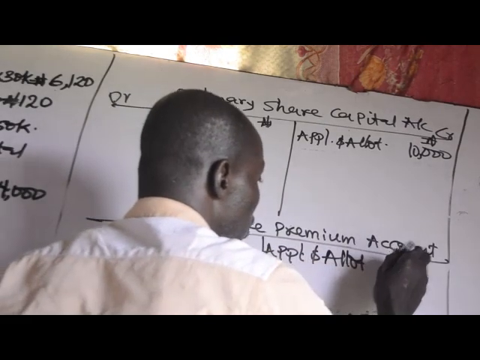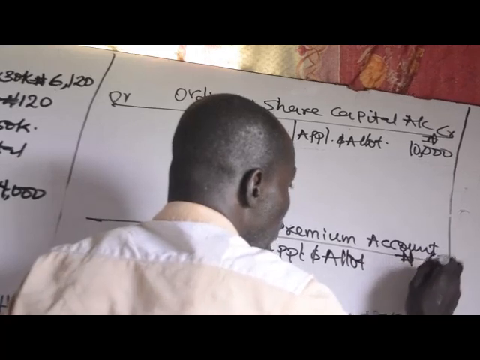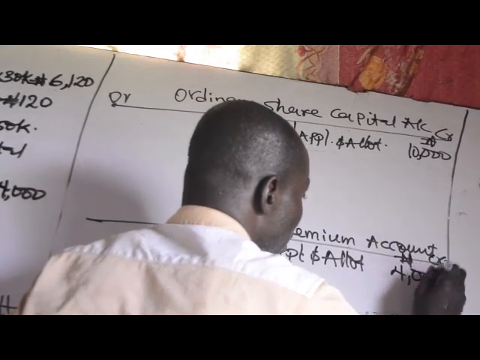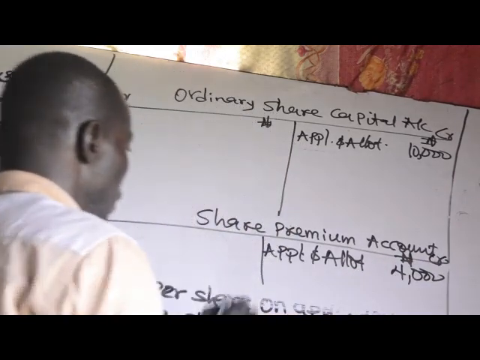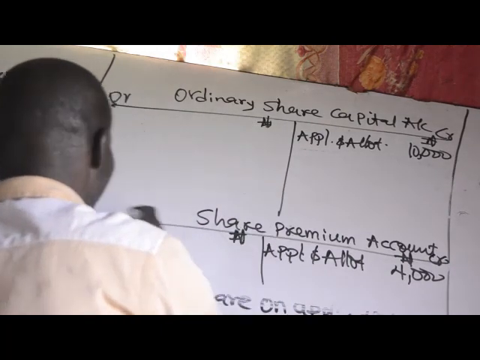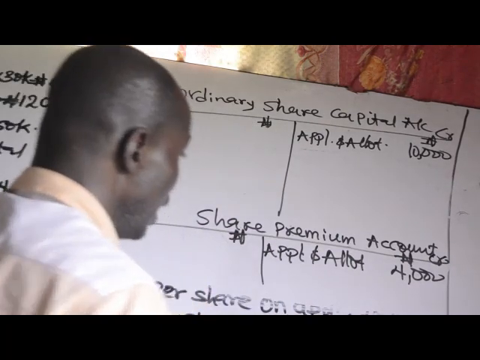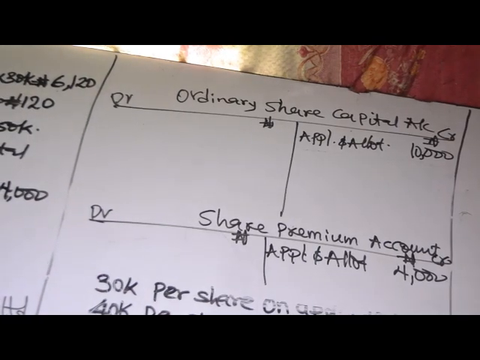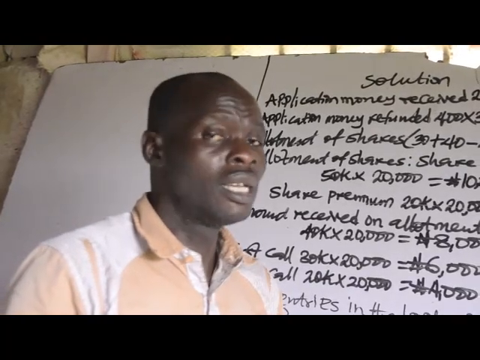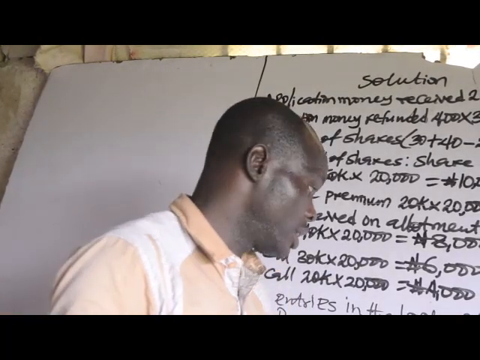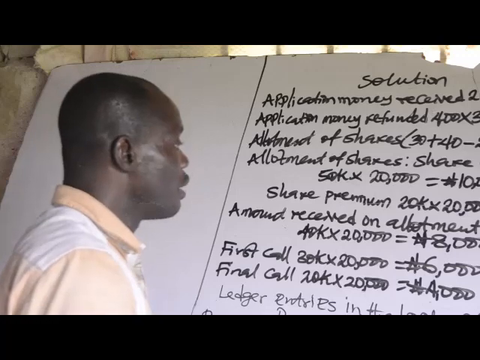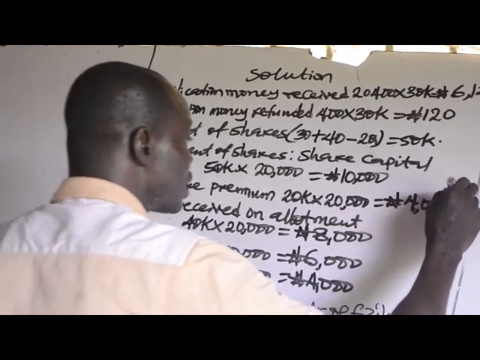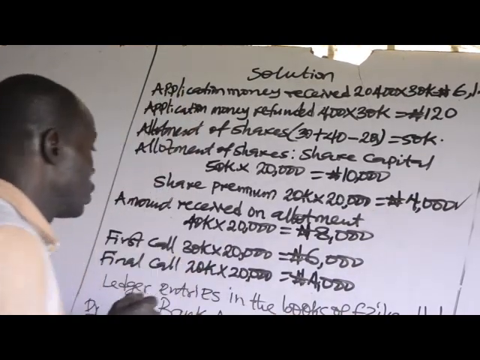The amount transferred to share premium is 4,000 naira. Remember, everything must be done in line with the principles of double entry. For every debit entry, there must be a corresponding credit entry. Now, we are done with transferring money to share premium.